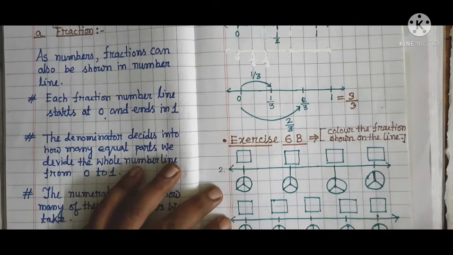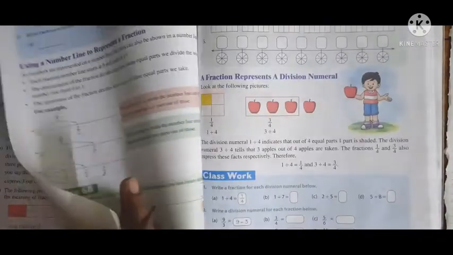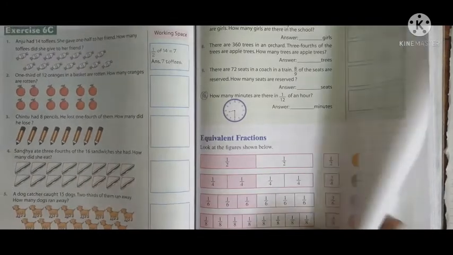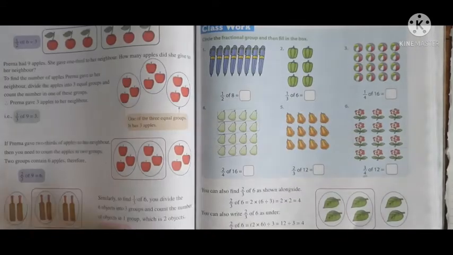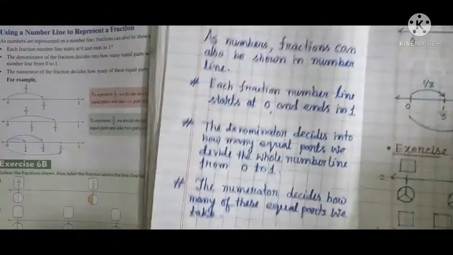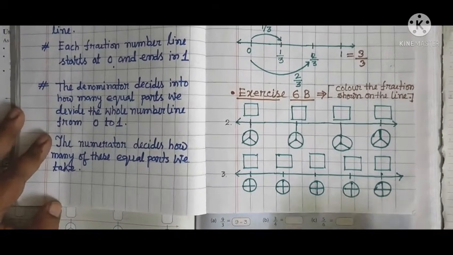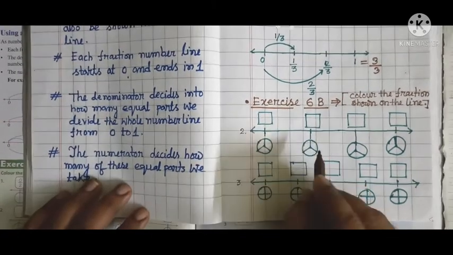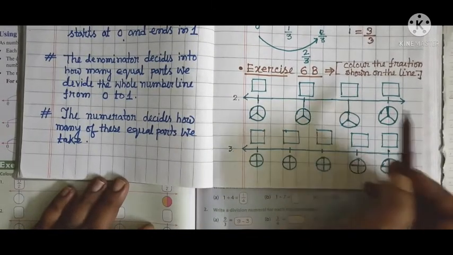Here you see the number line, and the whole part is divided into 3 equal parts, and you know the fraction number line starts from 0 and ends at 1.